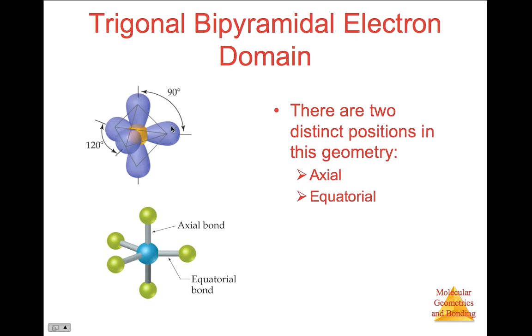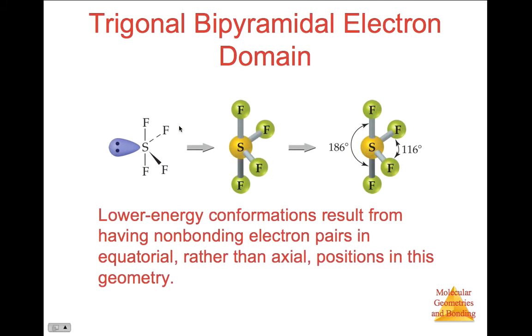Between the axial and the equatorial is a 90-degree separation. Lower energy conformations result from having non-bonded electron pairs in the equatorial rather than the axial positions of this geometry. And so in the trigonal bipyramidal electron domain geometry, when bonded domains are lost and there are non-bonded domains, they only happen in the equatorial positions, here, here, and here.